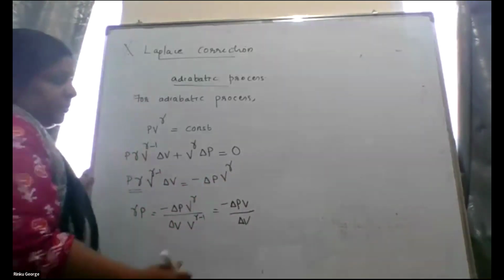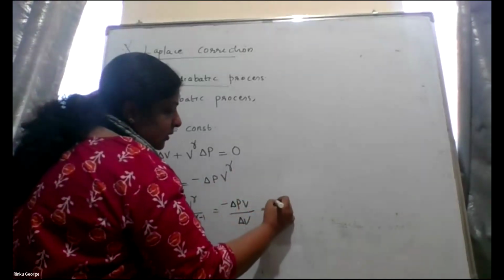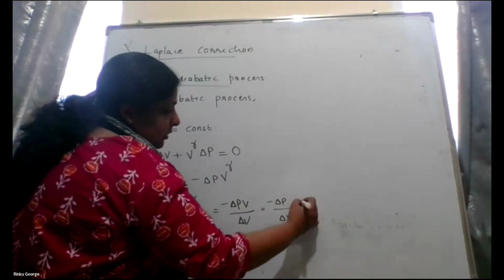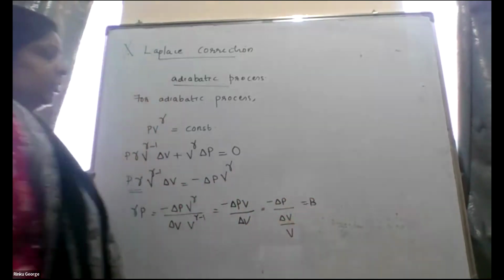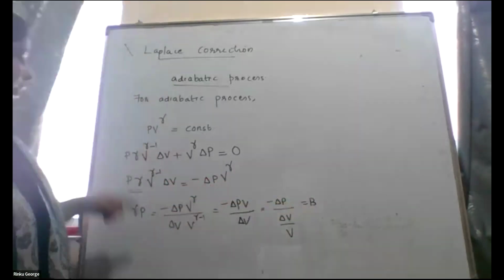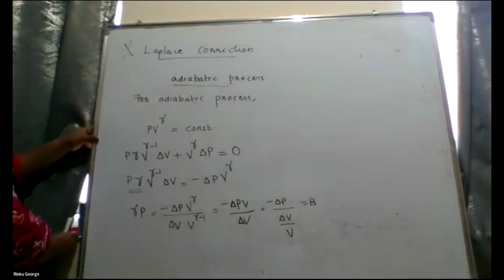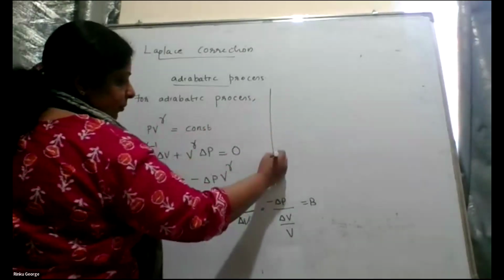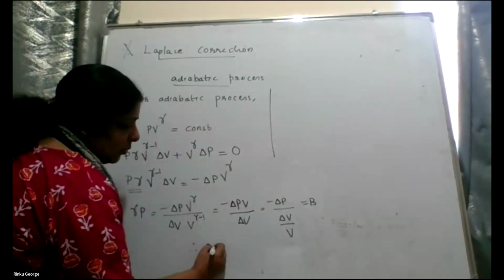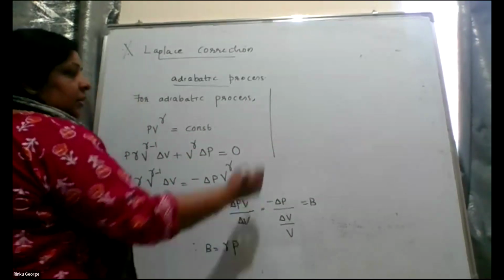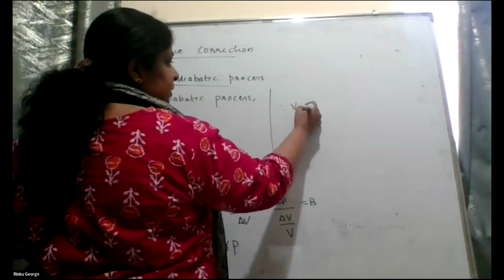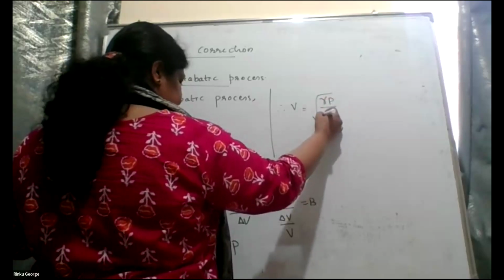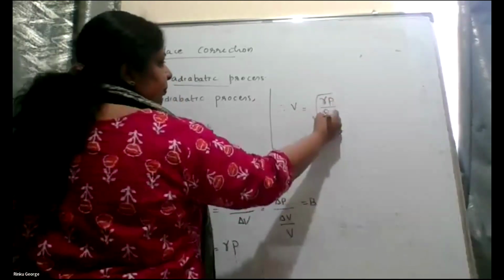Now this V goes to the denominator. So this will become minus delta P by delta V by V. What is this? Bulk modulus. So here we will get bulk modulus is equal to gamma P. So therefore B is equal to gamma P. So therefore velocity is equal to root of gamma P by rho.